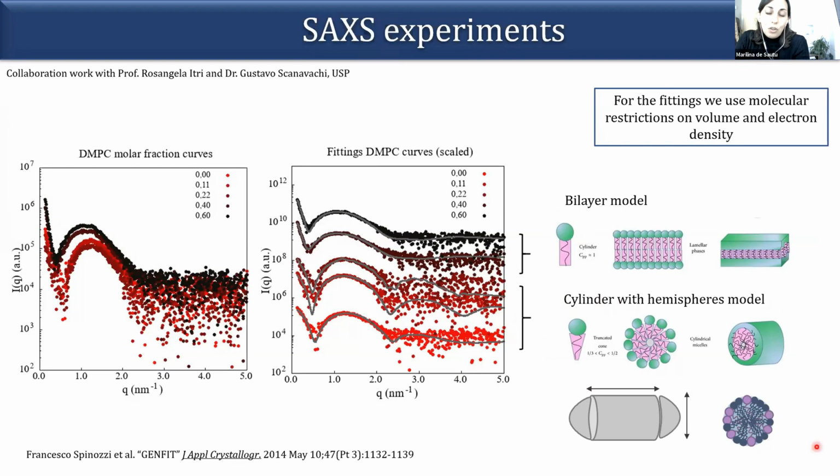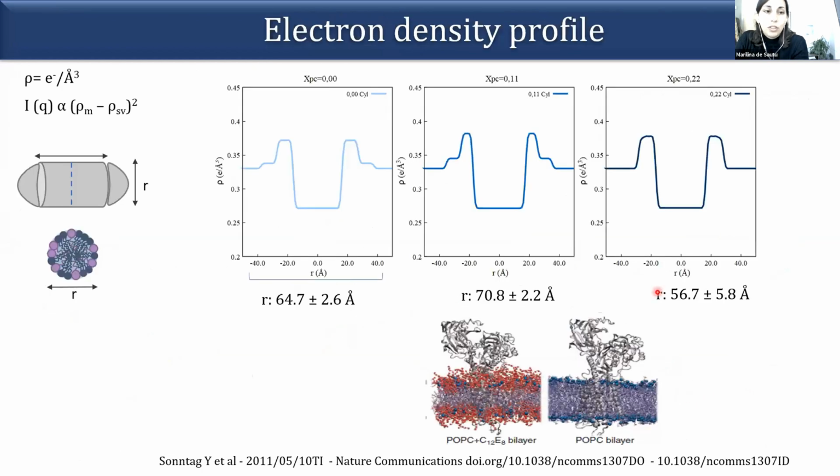And then, as expected, when we increased the lipids at the higher molar fractions, the best fit was the bilayer model. So we confirm here that we have a transition in the organization that is affecting the activity of the protein.